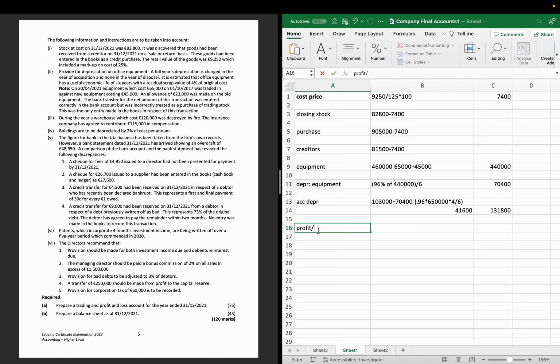So any asset you sell will have a profit or loss. So that'll be the cost of 65,000 minus the depreciation of 41,600. And that'll be 23,400. That's its value. All right, the allowance given in the question is 23,000.